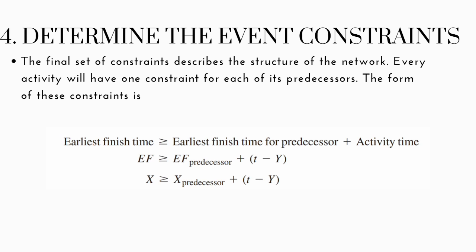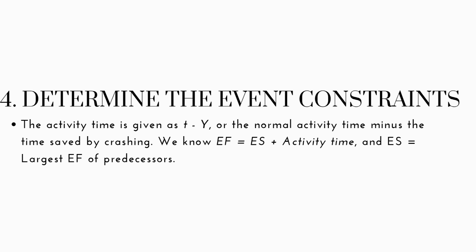This is to say the normal activity time minus the time saved by crashing. We know that earliest finish time is equal to ES plus activity time, and ES is equal to the largest earliest finish of the predecessors.